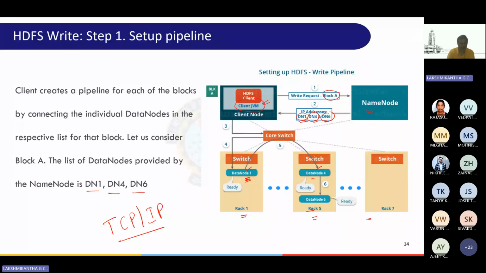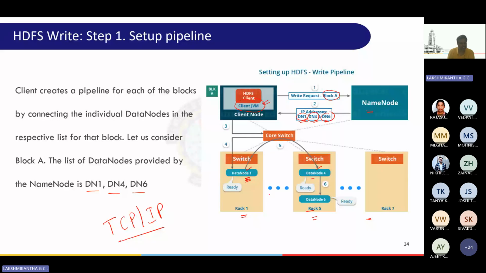So how do we perform a write operation? Data node 1 connects to data node 4 and tells it to be ready, also providing it with the IP address of data node 6. Similarly, data node 4 connects to data node 6 and tells it to be ready.